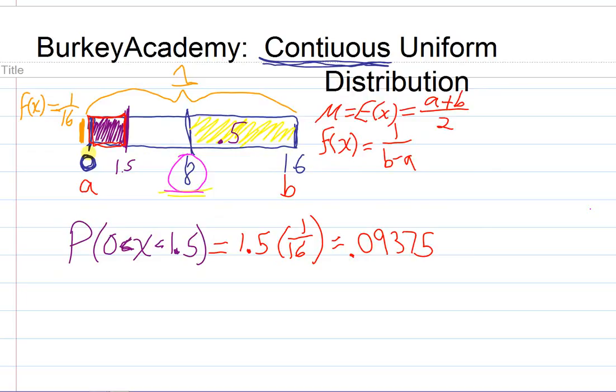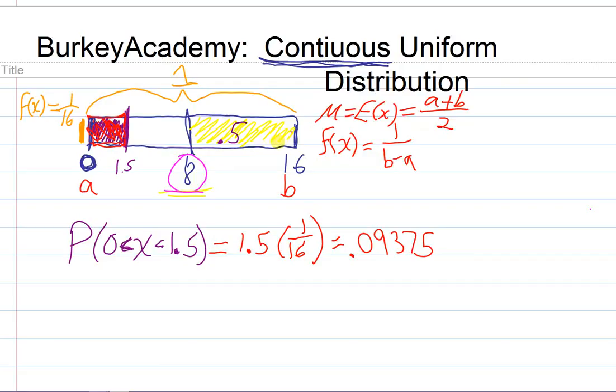And so we can use this to answer probability questions. Find the height, find the base of the section of the rectangle, and just calculate that smaller area. So we're basically asking what proportion of the whole area is this part between 0 and 1.5 in relation to the whole area, which has to be 1, since all the probabilities have to add up to 1, or 100%.